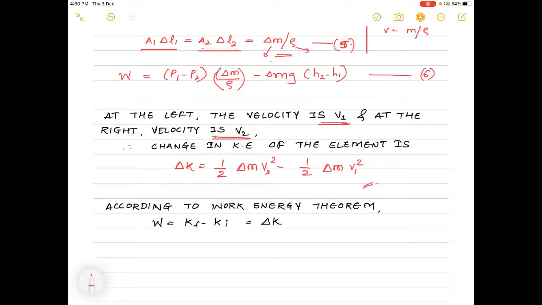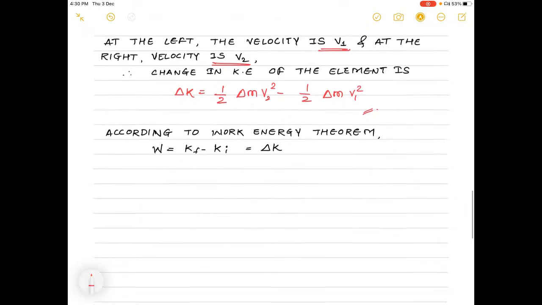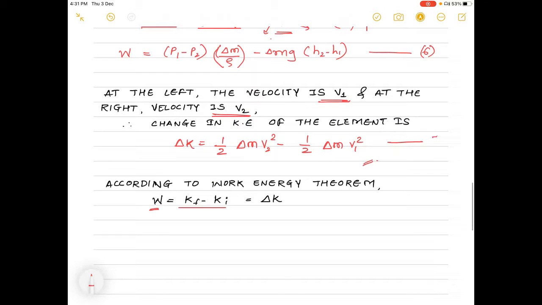Now according to the work energy theorem, the work done is equal to the change in kinetic energy, so work done is equal to delta K. So we can compare equation number 6 and equation number 7.